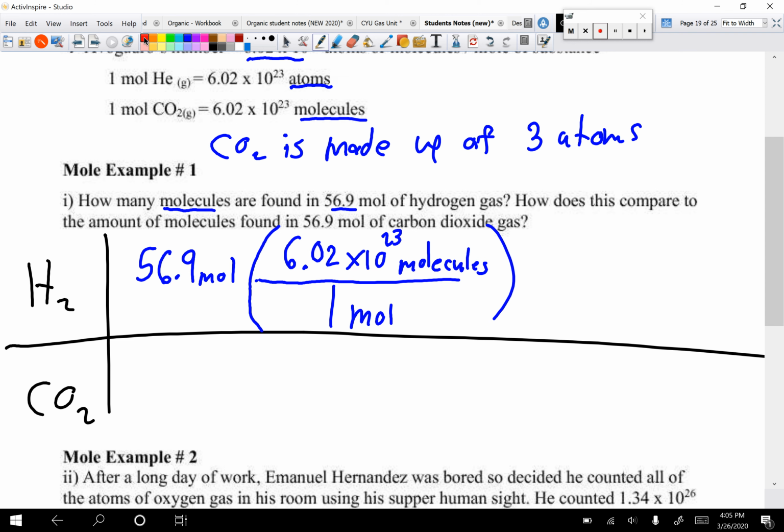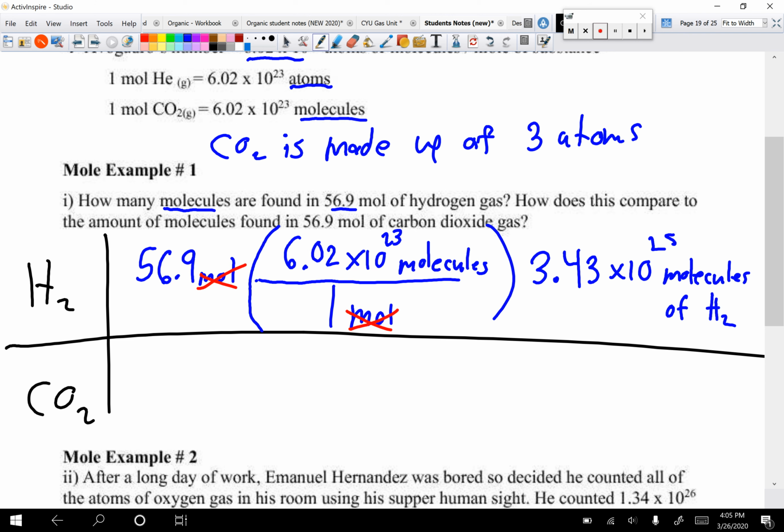So of course, if we use this, we'll notice that the units for moles will cancel out. The unit we're left with is molecules. And the answer we get, if you put this into your calculator, is 3.43 times 10 to the 25 molecules, of course, of hydrogen, H2 gas.